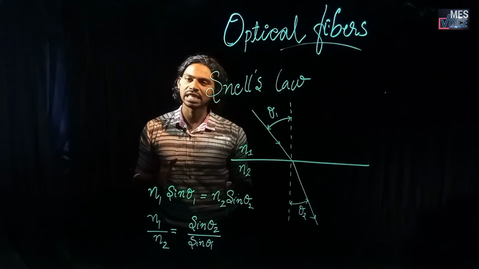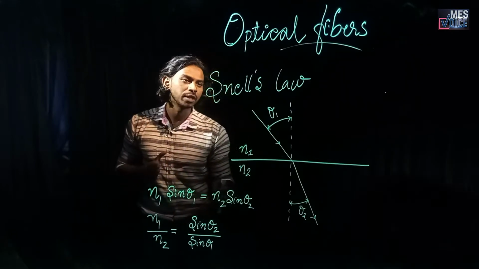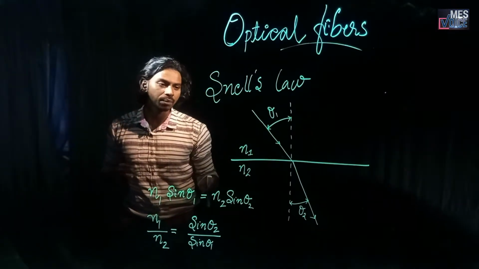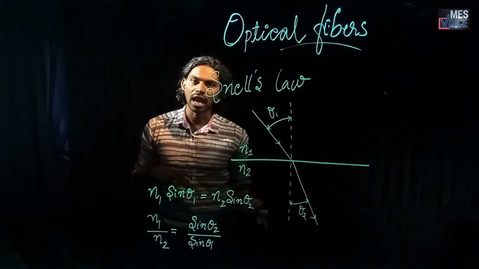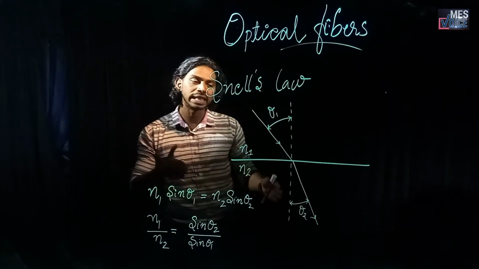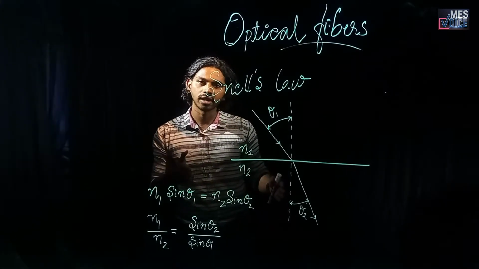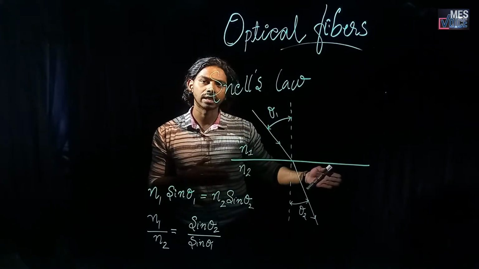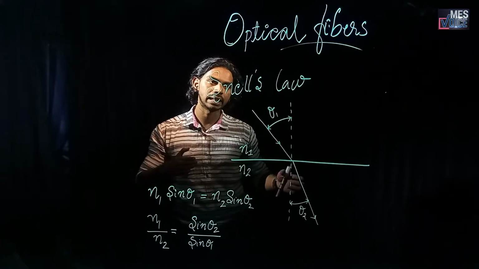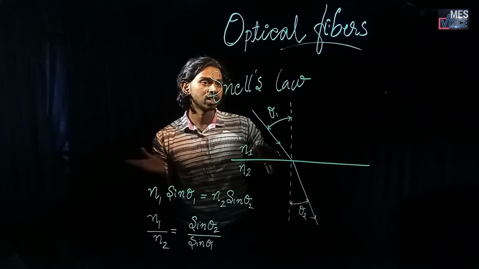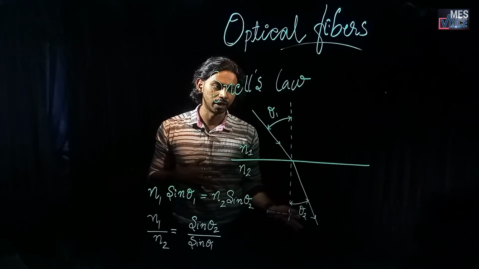So this is Snell's law, which gives the relationship between the refractive indices of two media with respect to the incident ray from one medium to the other medium. The property of the bending effect of light is used to advantage in making the optical fiber. That means the light rays get bent when they travel from one medium to another medium.